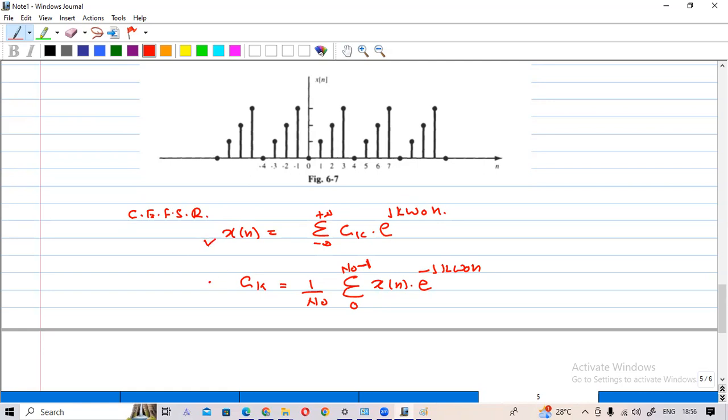So use these two equations and try to evaluate this x n as a complex exponential Fourier series representation. Try to find the complex exponential Fourier series representation of this signal using these two identities. So just think how we can do it.